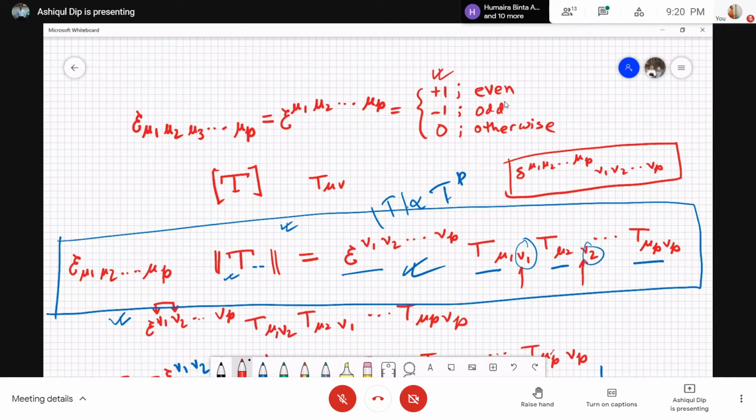So how can it respond in coordinate transformation? It changes in such a way that it remains the same. We'll see that. Isn't it a mixed tensor? Yes, mixed in terms of upper and lower indices.